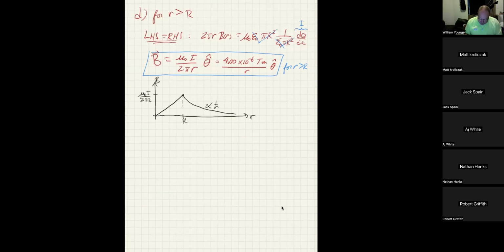And in fact, the max magnetic field that you get is mu 0 I over 2 pi big R. So if we want to, we can see that that quantity right there, mu 0 I over 2 pi big R, is actually equal to, I want to say 4 times 10 to the negative 6, and I'm going to divide that by 0.05642 meters, which is the radius.